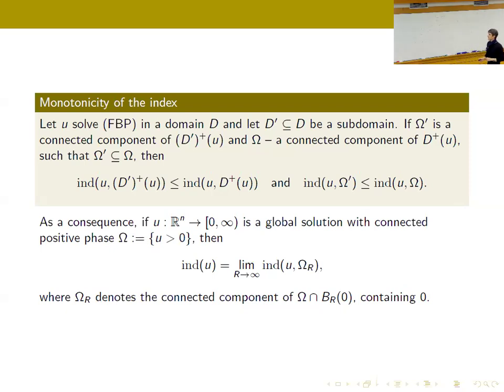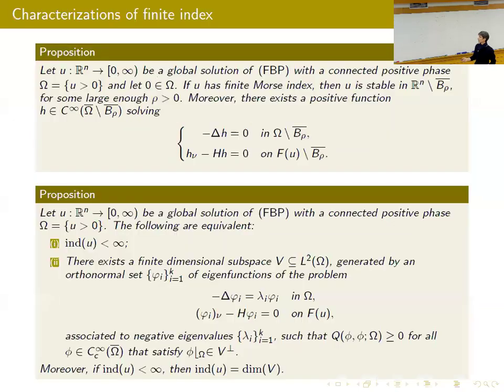And now the index of a global solution can be realized by the limit of indices over exhaustions of the entire space. And so we proved along the way the usual characterizations of the index. Again, if you have finite Morse index, then you're stable outside a compact set, a large enough ball. You do get a positive Jacobi field away from the ball.